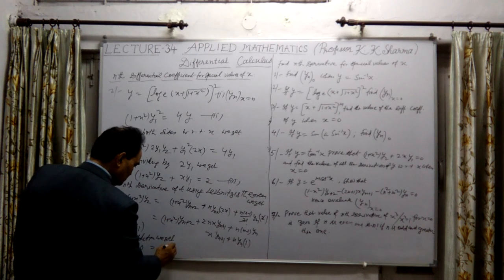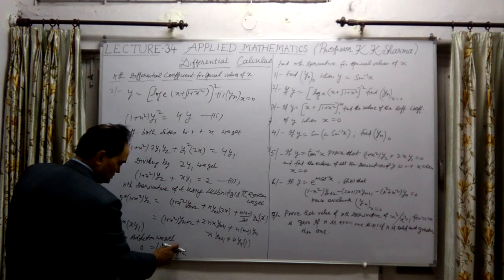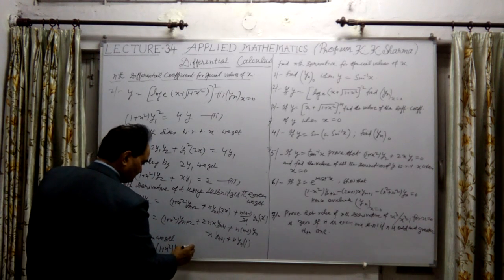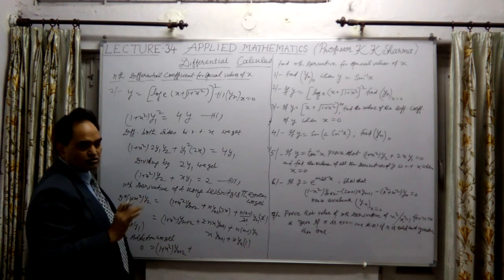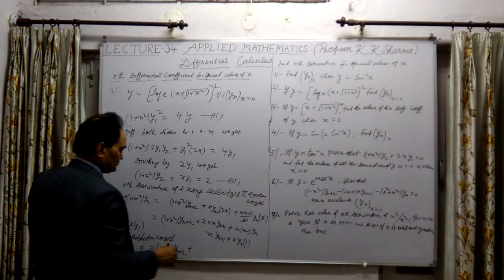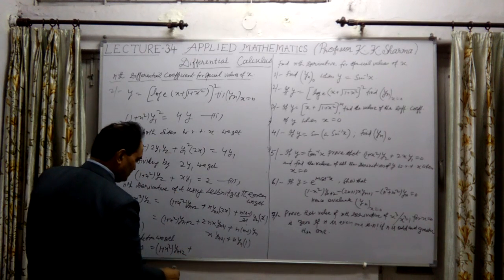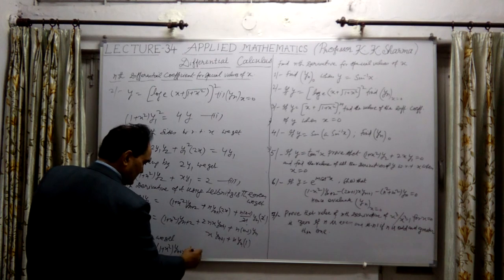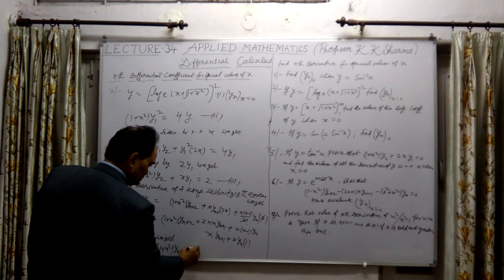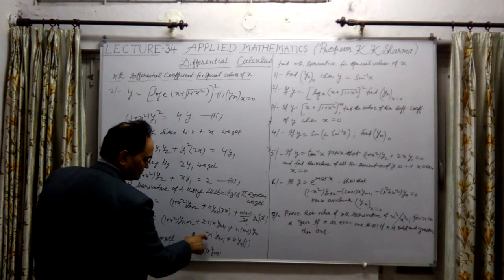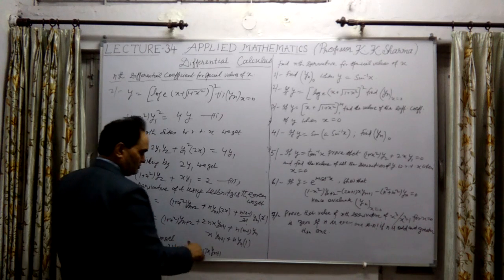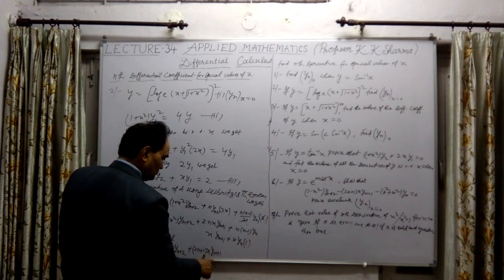This is (1 + x²) y(n+2), by Leibniz theorem. In the previous lecture, 33rd, I described Leibniz theorem, how to find the nth derivative, so in a similar fashion I am using it here. The second step will be the addition of these two: (2n+1) x y(n+1), because 2n x plus x, so x common and 2n+1 in the bracket.